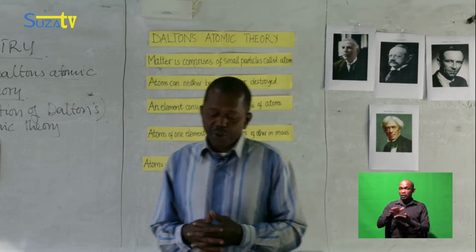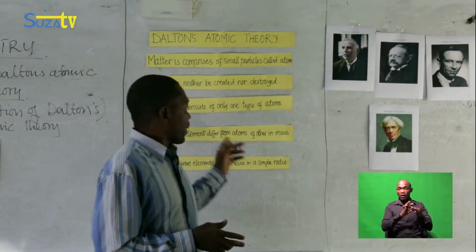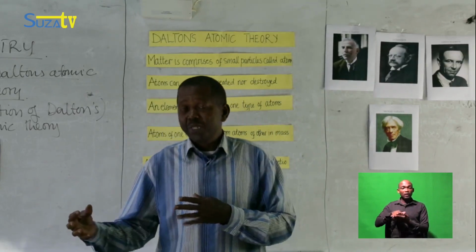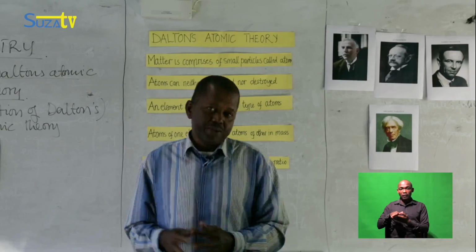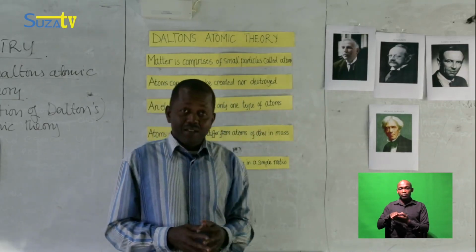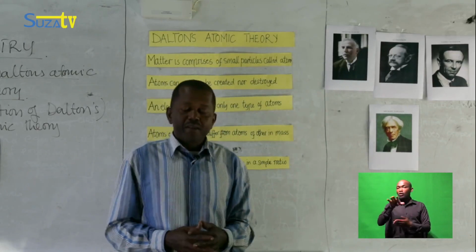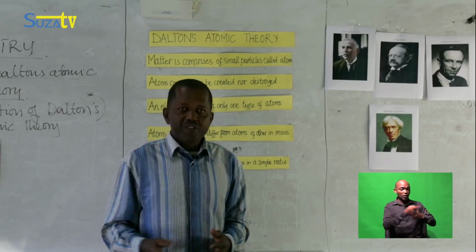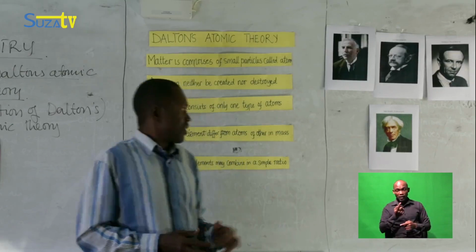Also, the theory did not explain the distinction between atom and molecule. And that's why those scientists came, and from their findings and development, they tried to modify Dalton theory.